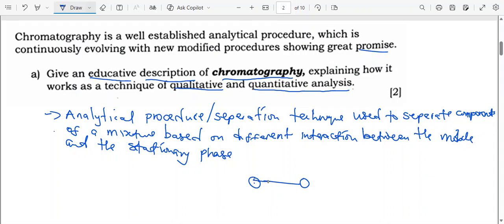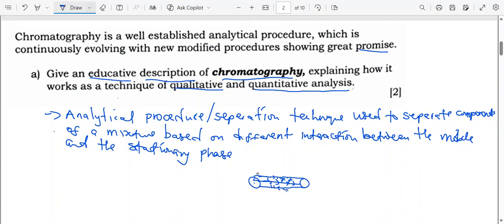Something pushes them to move along, and inside this test tube there is what we call a dry thing, and that's what we call a mobile phase. The mobile phase allows molecules to continue moving with it. The stationary phase is what is stuck to the walls.